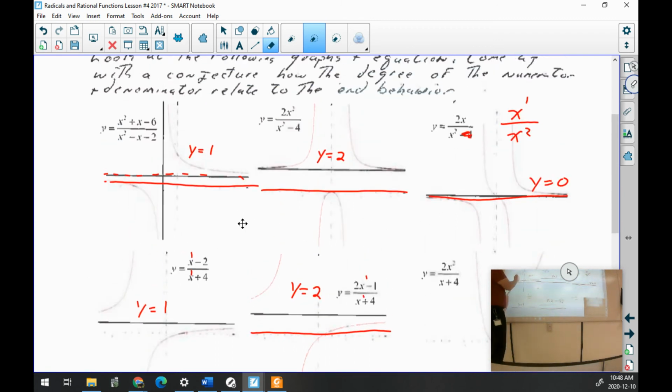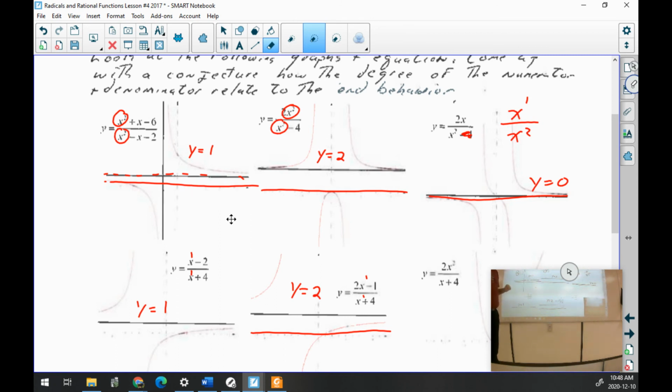In this case, it's 2 and 2. This one again, it's 2 and 2. So if you have a rational function where the polynomial on top has the same degree as the one on the bottom, then you take the leading coefficient divided by the leading coefficient. So here we have 1x squared over 1x squared.